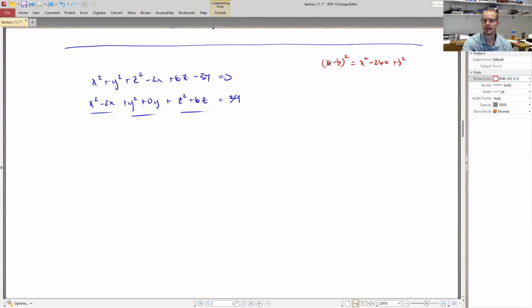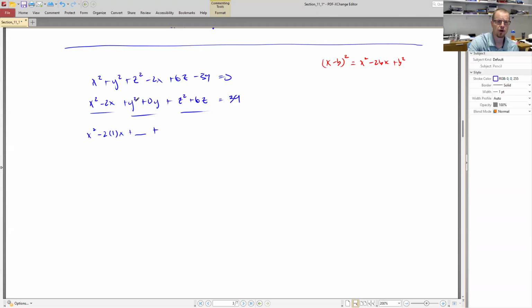So I want to write them all in this way. So I want to recognize that I have x squared minus 2bx. So I need a minus 2 times something times x, right? 2 times 1 gives us the 2 that's there. And then I'm going to add b squared.